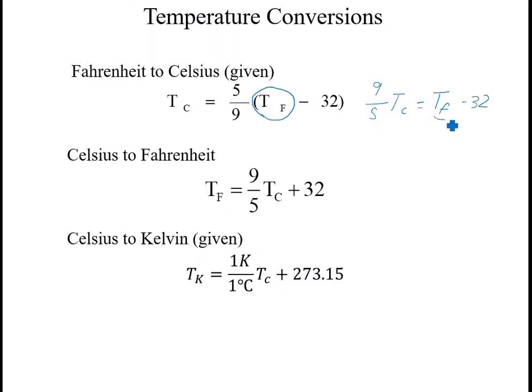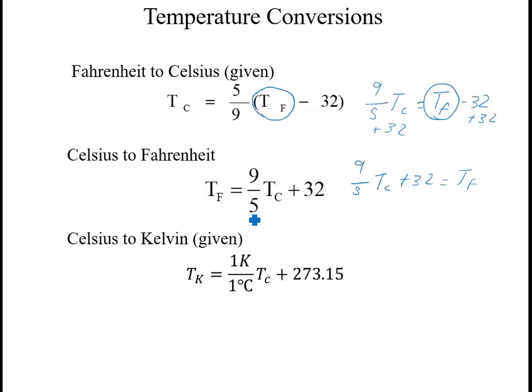And now, again, still isolating this by itself, what do I want to do? I want to add 32 to both sides. So I end up with 9/5 TC plus 32 is TF. And that is basically what this formula is here.